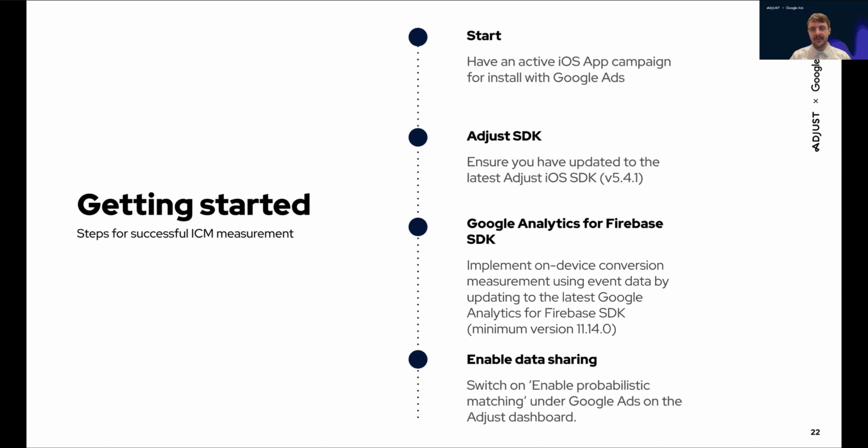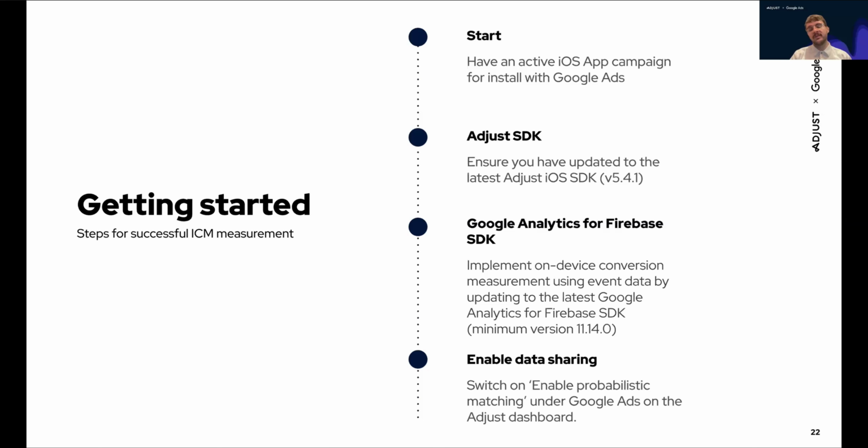Integrated conversion measurement is currently available in open beta to all advertisers. To enable it, first and foremost, you need an active iOS app campaign for installs with Google Ads. Second, you need to update to the latest version of your Adjust SDK, as documented in the Help Center article, the minimum version being 5.4.1.